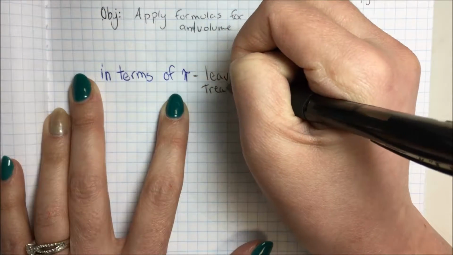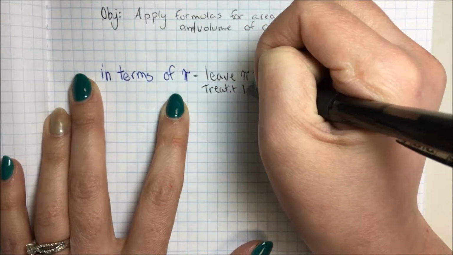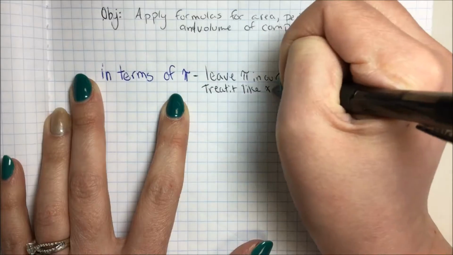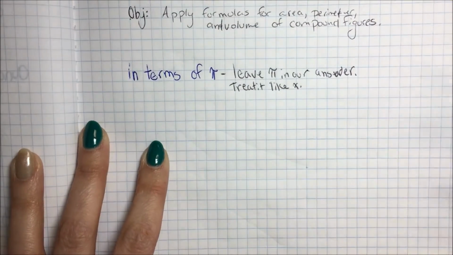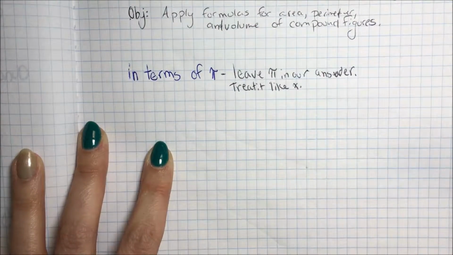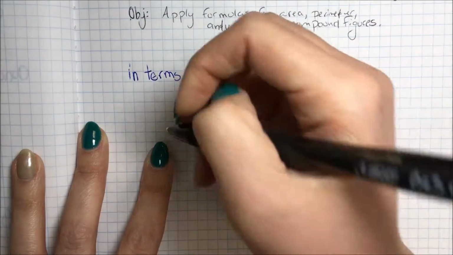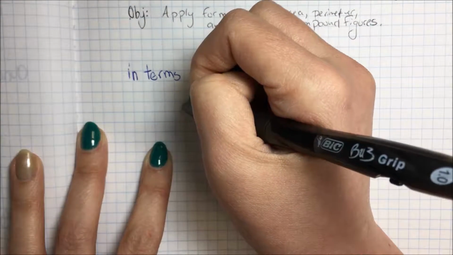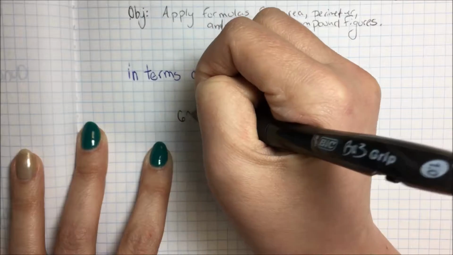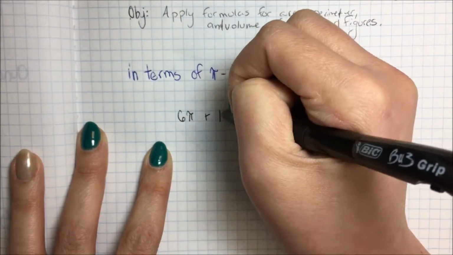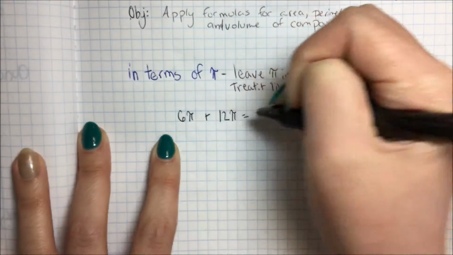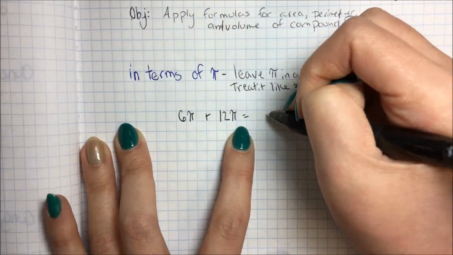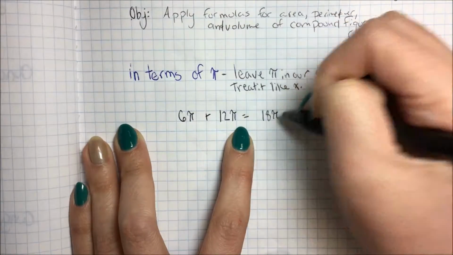Treat it like x. So what this means is that, let's say I was adding the circumference of two circles. So let's say I had a circle with a circumference of 6 pi plus a circle with a circumference of 12 pi. If I were to leave this in terms of pi, this would result in 18 pi.